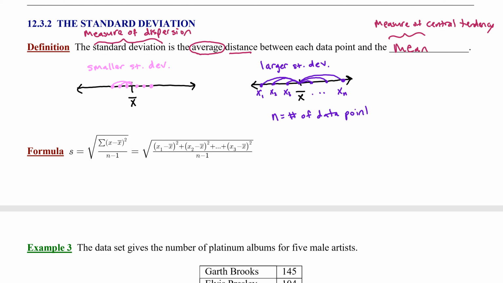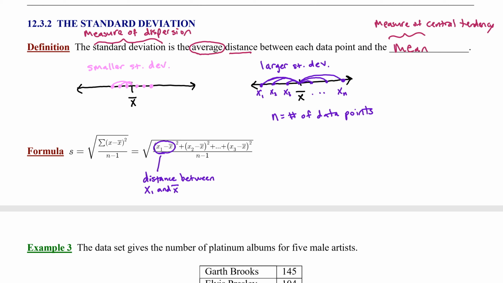And recall, x bar is the mean. So to find the distance between one data point and the mean, I'm going to calculate the difference. I'm going to take the difference between x1 and x bar. So notice that's what I have right here. So this first difference is the distance between the first data point and the mean.